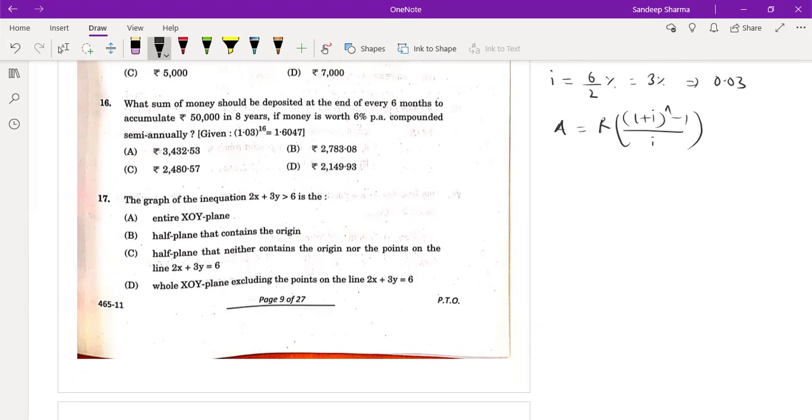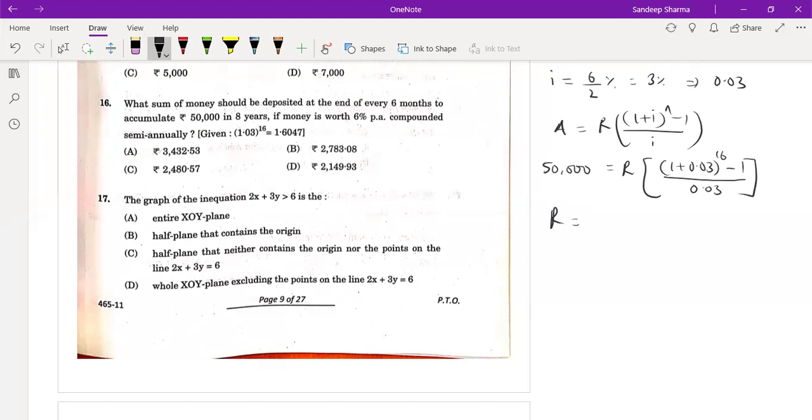So amount is given, 50,000 is equal to R, we need to calculate 1 plus 0.03 raised to power n. n is 8 years and it is semi-annually, so it will become 16, 16 minus 1, divided by 0.03.